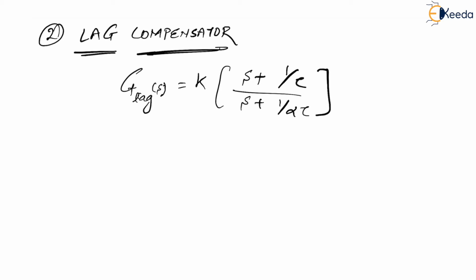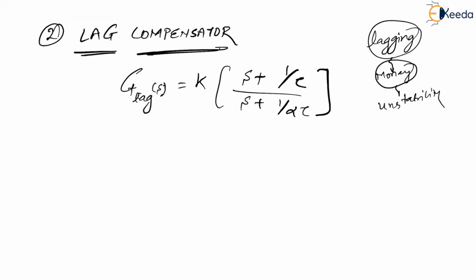Now, again, the story repeats. When you say your life is lagging, when you do not see money in your pocket, it means instability, instability in the sense of poles. So if you find the pole first, then definitely it is a lag compensator.